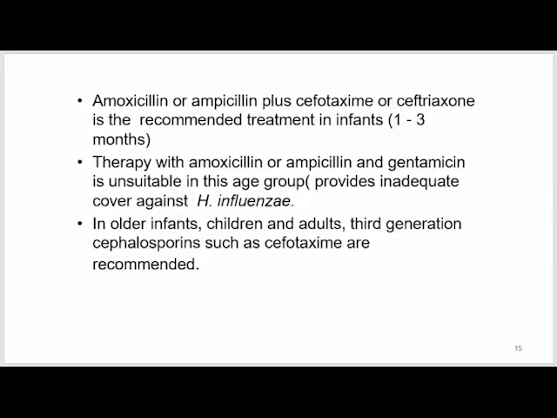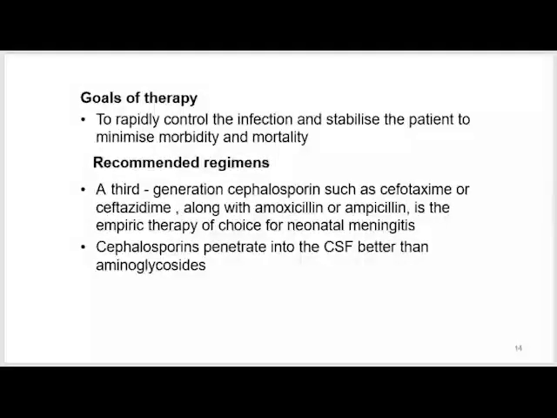So let me take you back again. For treatment of meningitis in neonates, we can use a third generation cephalosporin such as cefotaxime or ceftriaxone alongside amoxicillin or ampicillin. Okay. What does ampicillin cover, especially in neonates? Anyone who knows?